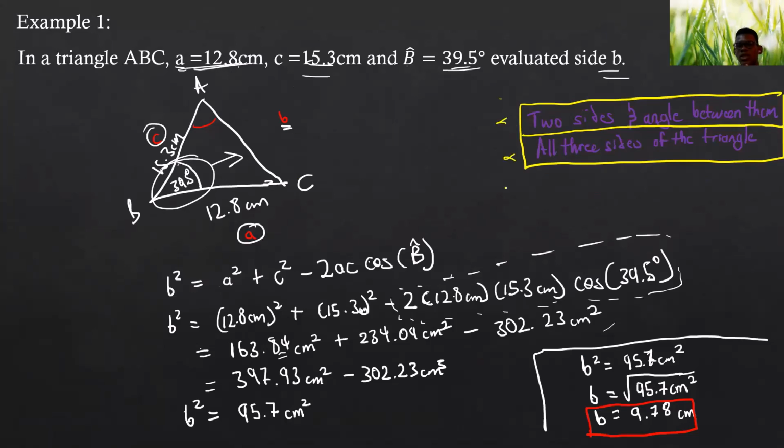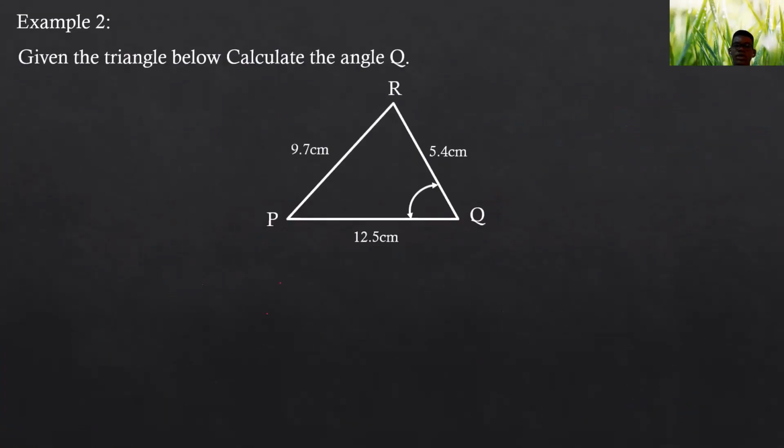Now the second note is something that I didn't say, but you can actually use it when you have all three sides of the triangle. So if you have all three sides of the non-right angle triangle and you want to find an angle, you can actually use the cosine rule, right? So this is what I was talking about, when you want to calculate the angle. So now we're calculating the angle, and it's a bit different, right?